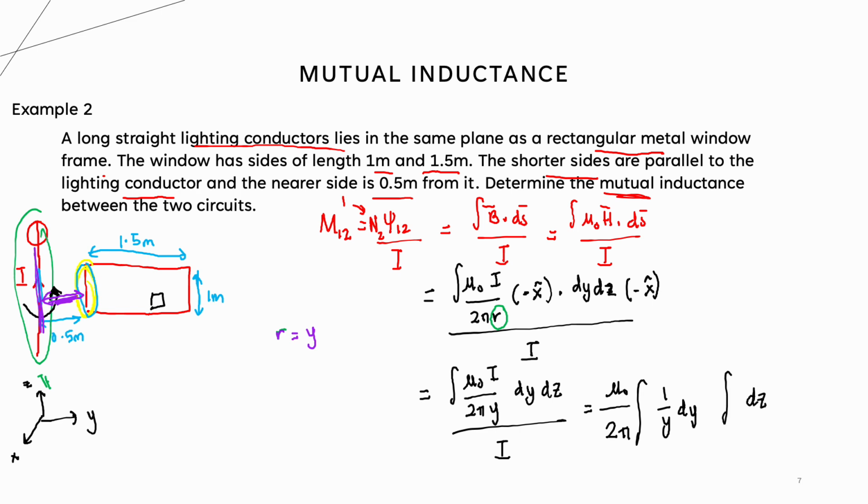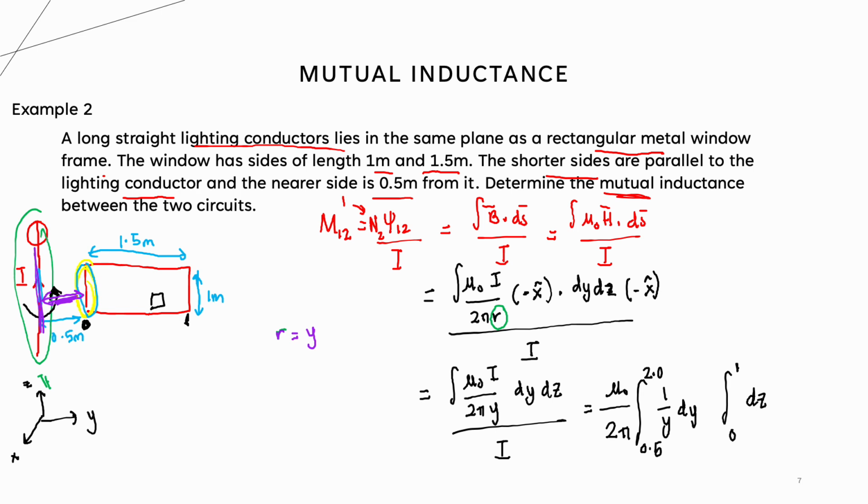The y limit will be from where? It starts at 0.5 until 1.5 plus 0.5, which is 2, because the distance of the rectangular window from our source is 0.5, right? And z will be 0 until 1, the height of the window.